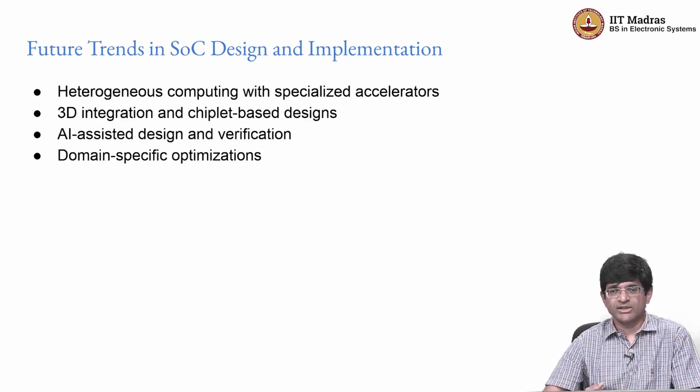So the whole area of SoC design still offers a lot of possibilities in terms of the kind of developments that we have. But the complexity is so large that you need to understand things at a very large number of different scales of complexity or design in order to really be able to get the best out of the design that you are building.